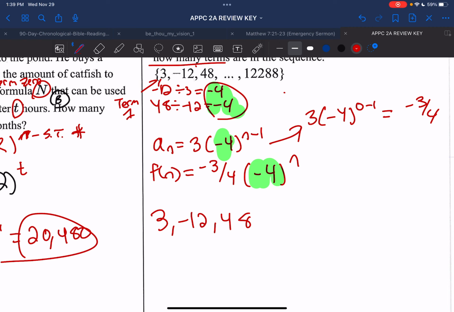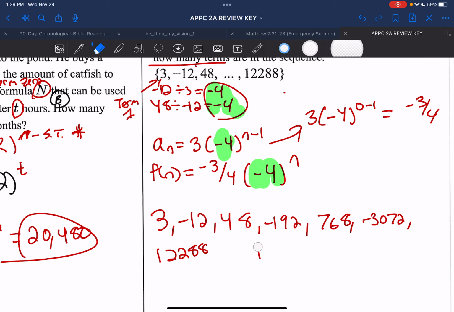So I'm going to put 48 times -4, -192, 768, 3072, 12288. Oh, already went too far. Boom. So I already finished the list because I know I'm finished when I get to this last part of the bracket here. So if I count these in blue, I've got 1, 2, 3, 4, 5, 6, 7 terms.